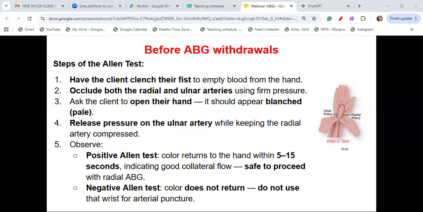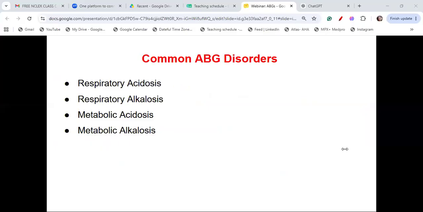Back to the ABGs, we have 4 common ABG disorders: respiratory acidosis, respiratory alkalosis, metabolic acidosis, and metabolic alkalosis. You look at the disorders in terms of what causes each and the management, and thereafter we'll conclude our discussion with the interpretation.